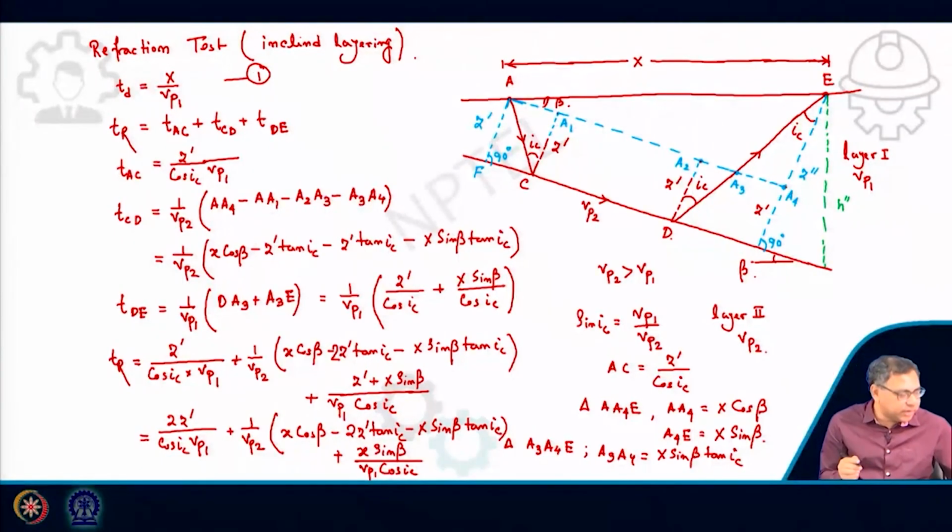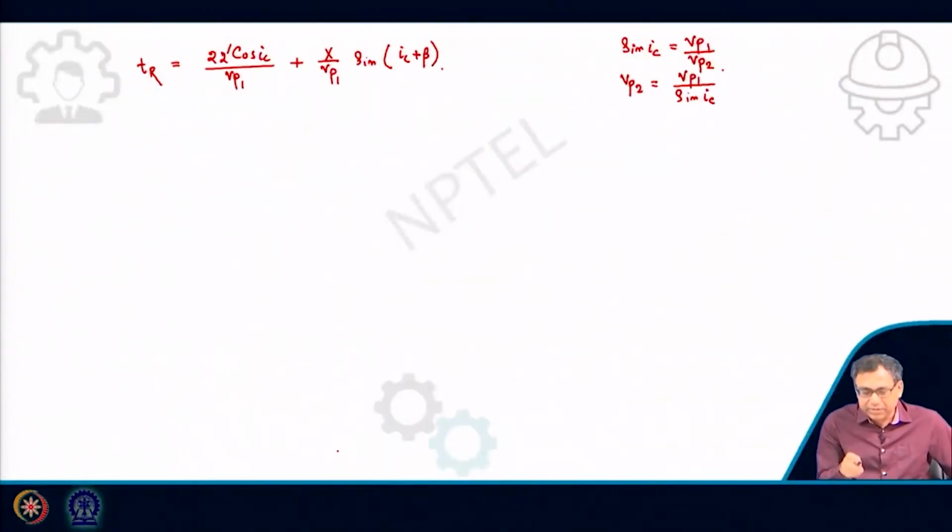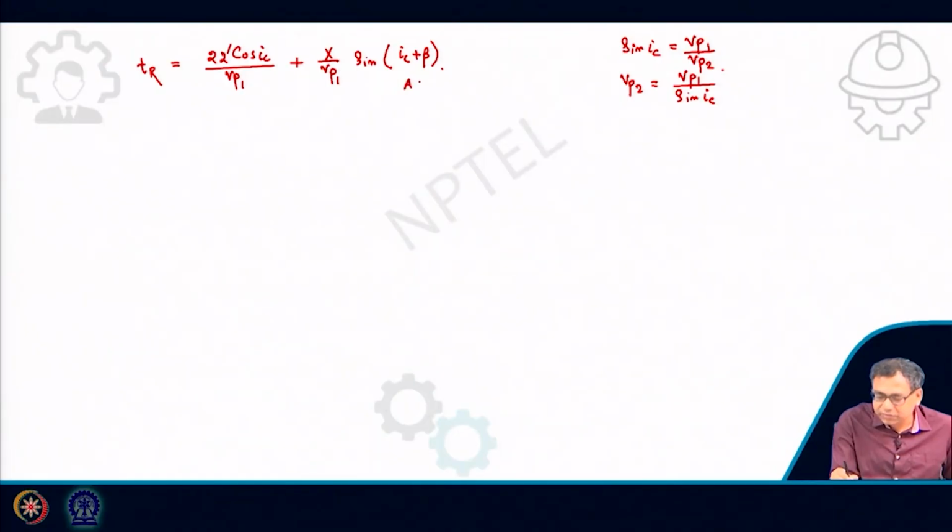Okay. So, that is why, now if I change it, similarly, this is for A as geophone and E as source.